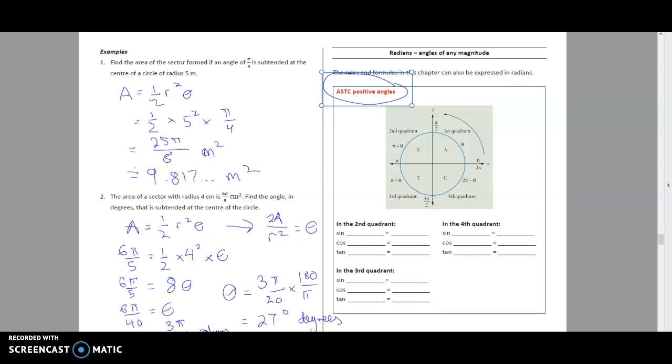If we fill out this, what's it like in the second quadrant? Second quadrant angles are always pi minus theta. So sine of pi minus theta equals sine theta. In the second quadrant, sine's positive, the other two are negative.